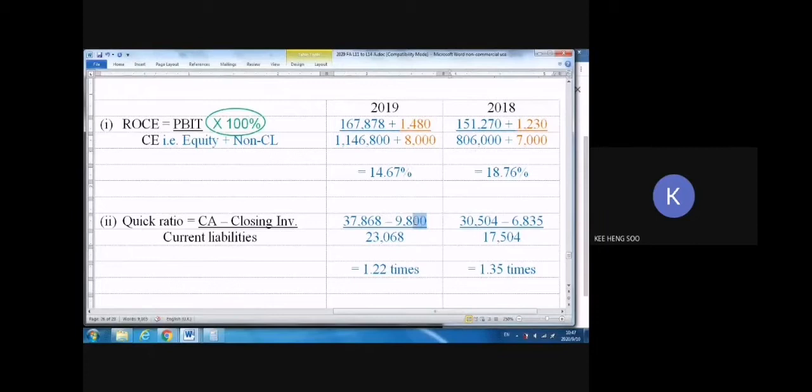So this one we minus your closing inventory. So non-current liability will be here. You see now what I am doing is window dressing. Make it very nice for you to see.